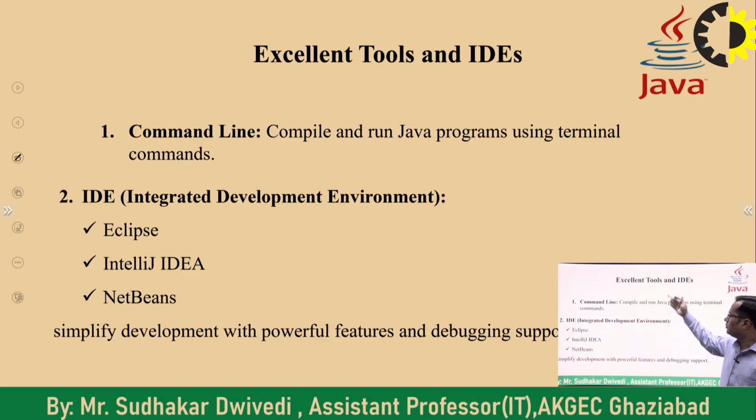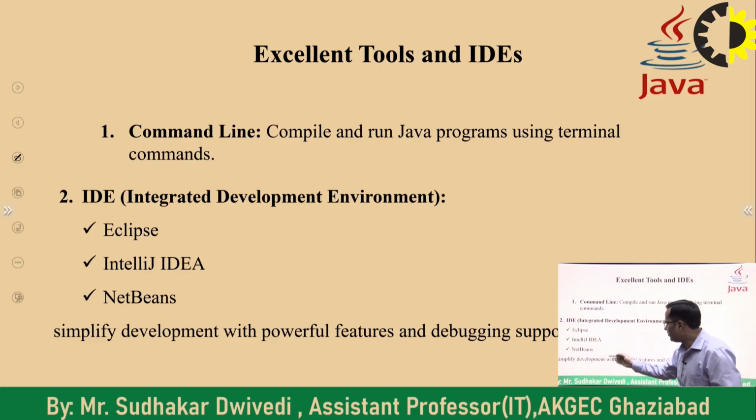So what tools will we use for the development and execution of programs? First, we can use the command line for compilation and execution. We can compile and run Java programs using terminal commands, or we can use an IDE installed in our system. IDE means Integrated Development Environment, which provides all the features and the environment through which we can create and develop Java programs.